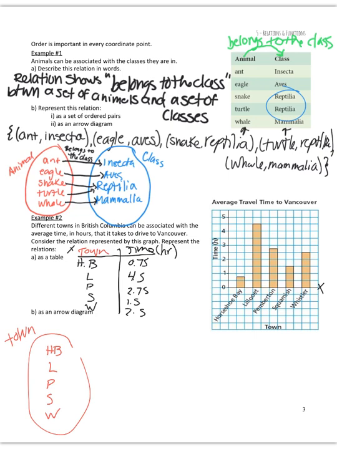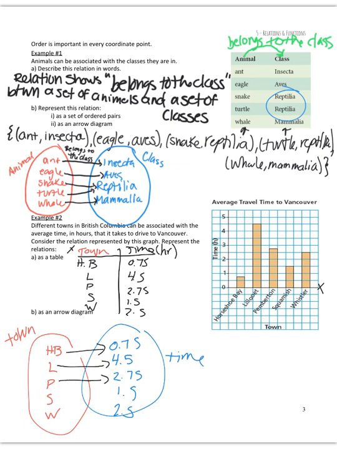And the time. Now you can write these in any order you want. You could write them in the exact same order so your arrows just go straight across. That's fine. Or you can put them in numerical order. Again, that's all good. Okay, and then our relationship is just each one. There were no overlaps in this case.